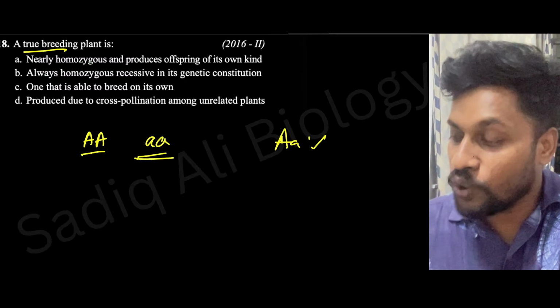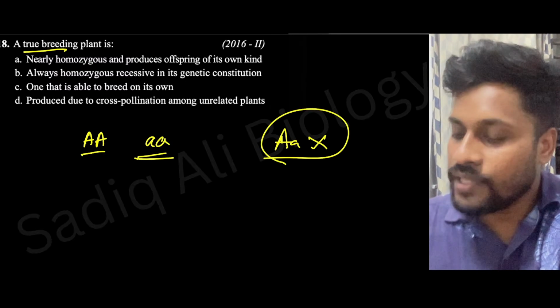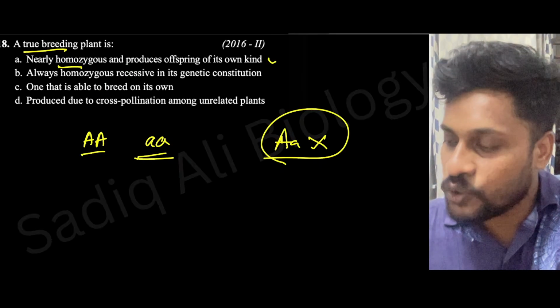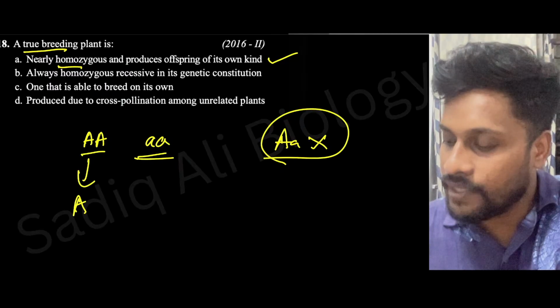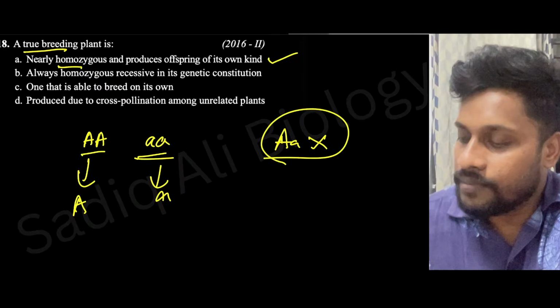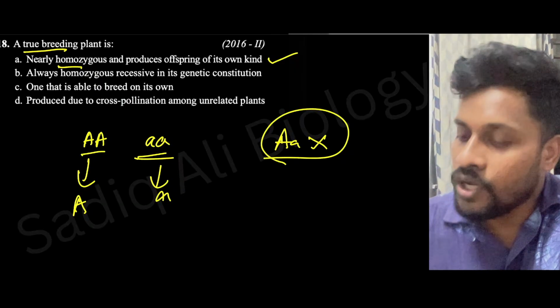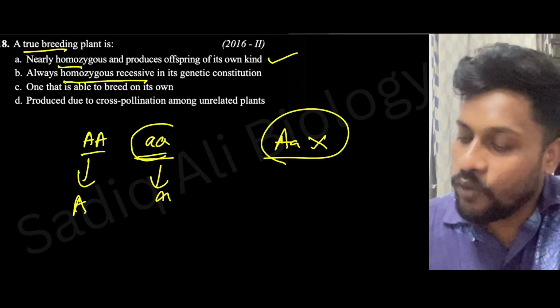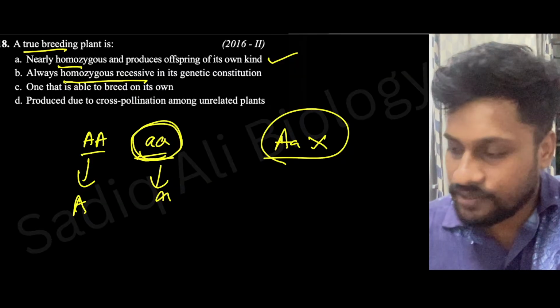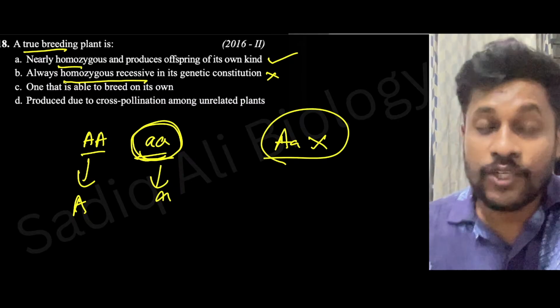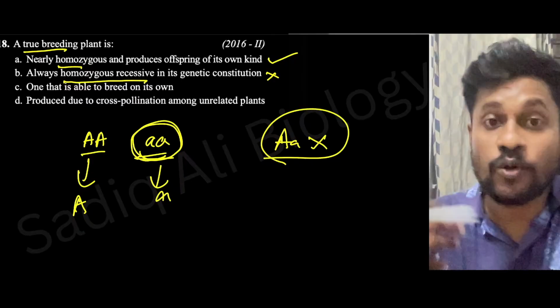Capital A small a is not a true breeding one. So they are homozygous and produce offspring of their kind. This can produce capital A, this can produce small a, right? Always homozygous recessive, which means they are saying it will always be small a. That is not correct because it can be capital A, homozygous dominant as well, which is also possible.